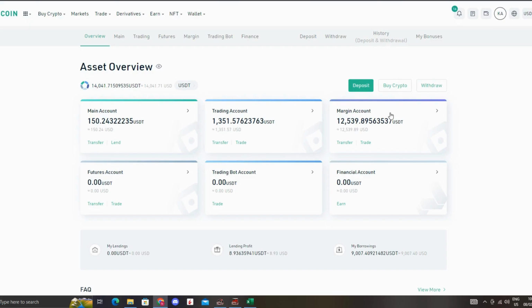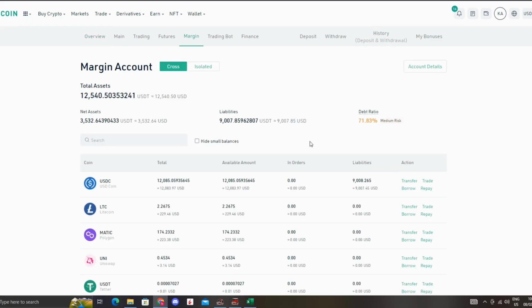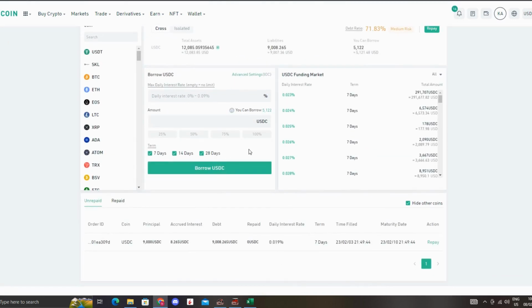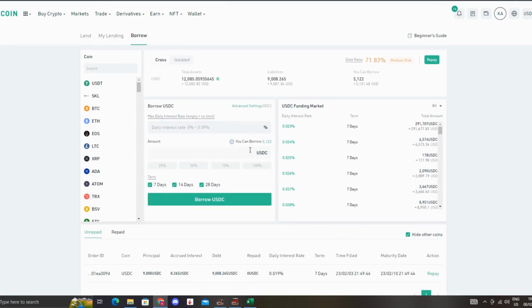I've got an additional 3,000 or something, and I put it into my margin account, because what I'm doing here is borrowing. If you go to the borrow page, you see the net assets are 3,500, and with that 3,500, I'm borrowing an extra 9,000. So that leverages my position to about 12.